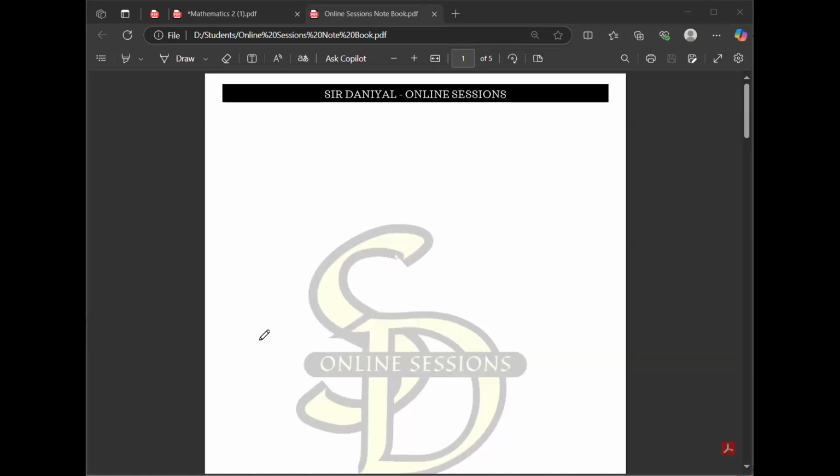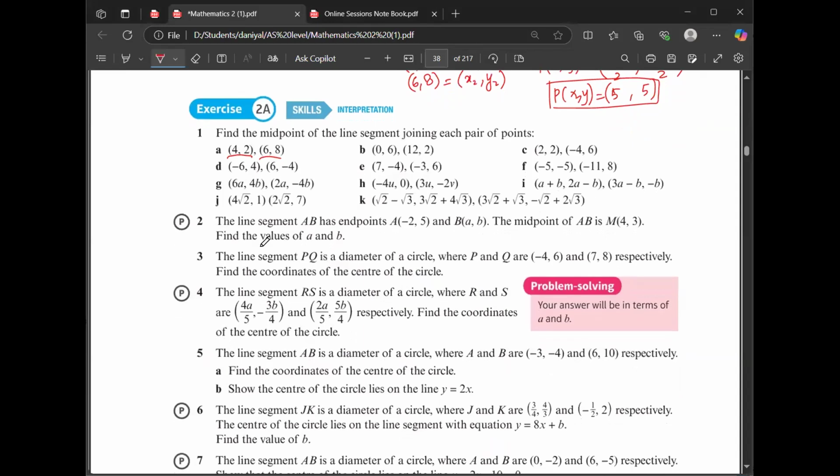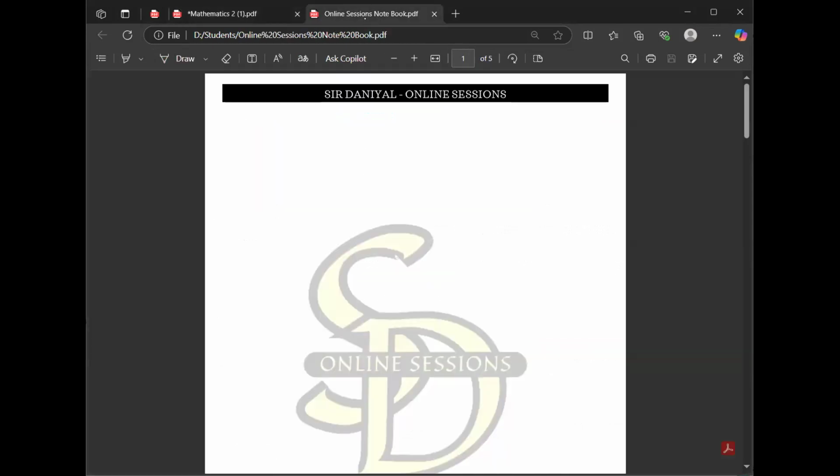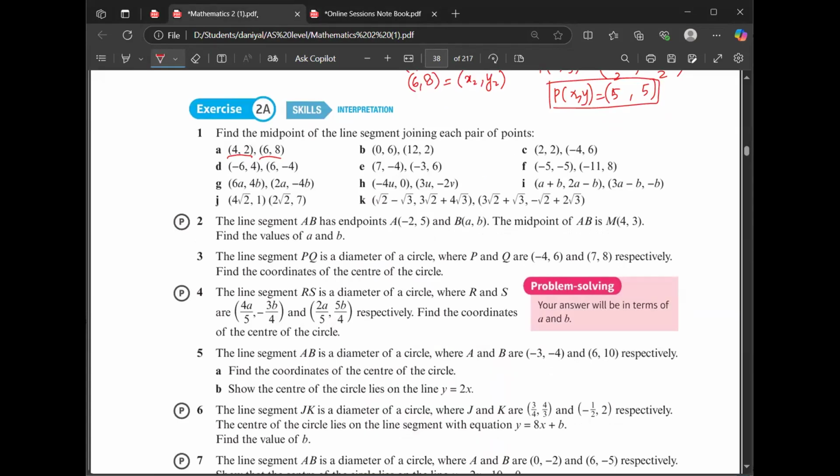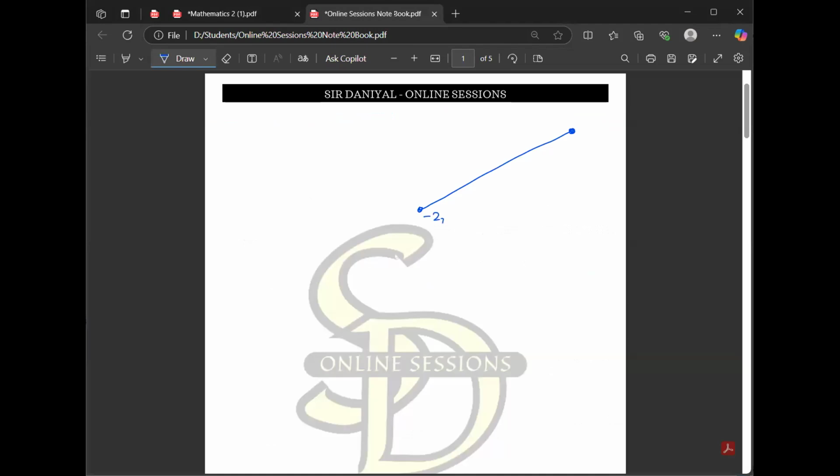The next one. In question number 2, they are saying the line segment AB has endpoints -2 comma 5 and B. So there is a line. Let's draw any random, arbitrary line. What were the points? The points were -2 comma 5 and B. So let's take -2 comma 5 and B here. Okay.